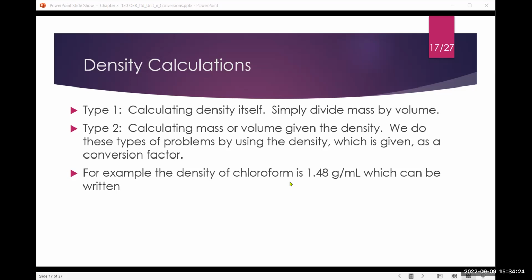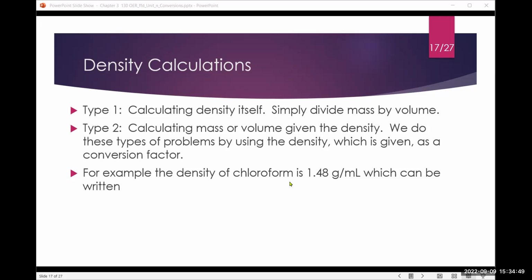Another way is taking the density of a compound. We can use that density value to calculate either volume or mass of that compound. For example, chloroform has a density of 1.48 grams per milliliter. Now think about that ratio.